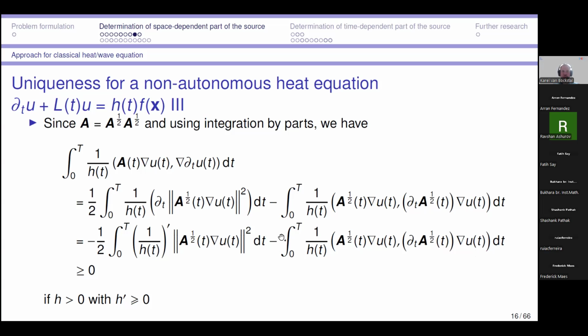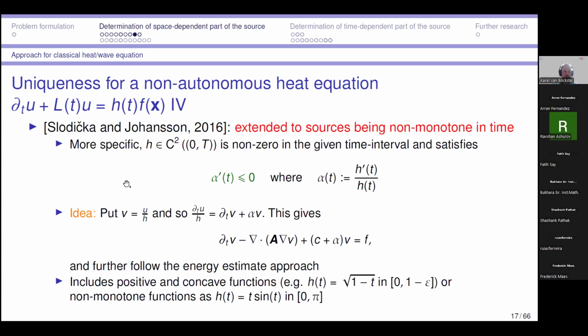Together with the minus sign, this is positive. And if h is strictly positive, then we also get that this first term is positive. So this term is positive, and the same can be done for the term where c is multiplied with u.